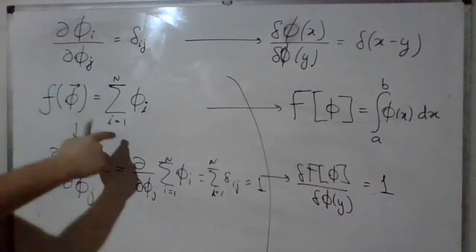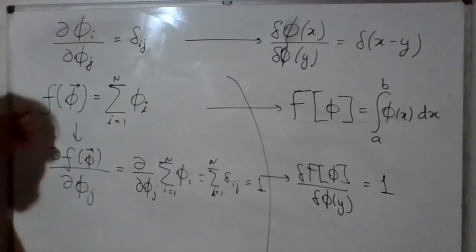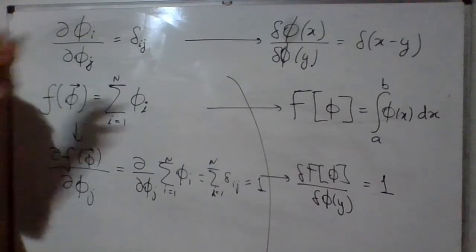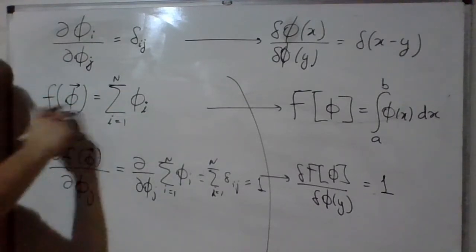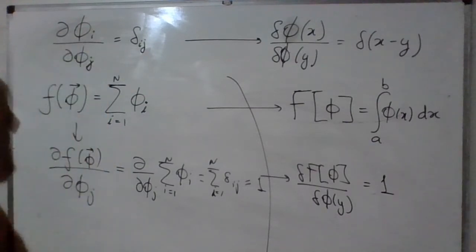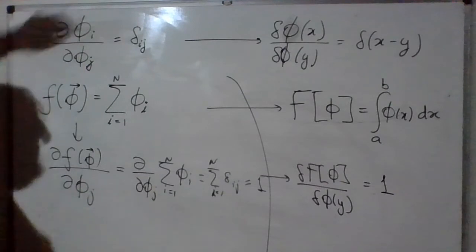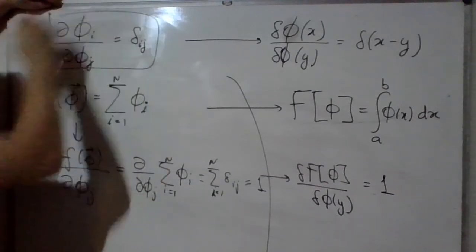If you have a summation of the components of a vector for the scalar function here, just sum over the components of a given vector, which is the argument of this function. You have as a derivative 1 because of this identity here.